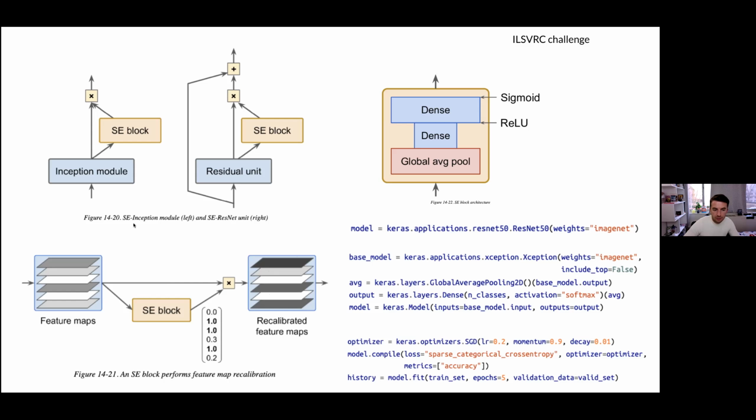So that was the SE, and you have the SE version of Inception, which is basically Inception followed by the squeeze and excite block, or the SE ResNet version of it. And the SE block is just global average pooling, a dense and a dense. This is called the bottleneck layer, simply because it has fewer neurons than the input and the output. So it allows the network to condense the knowledge of the input.